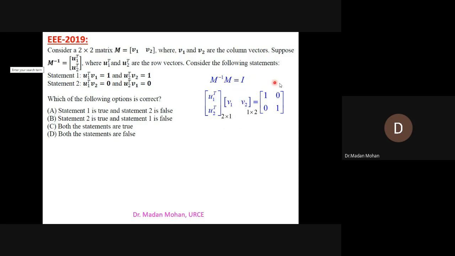Next, U2 transpose V1, which is, please tell me that. This 0. It is right. Next, U2 transpose V2, that is this 1.